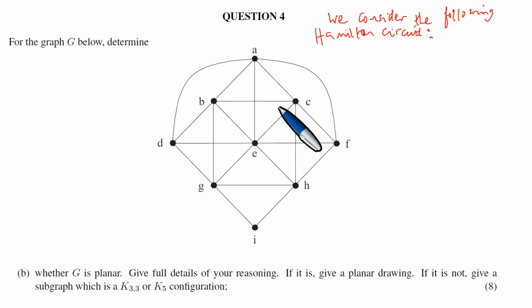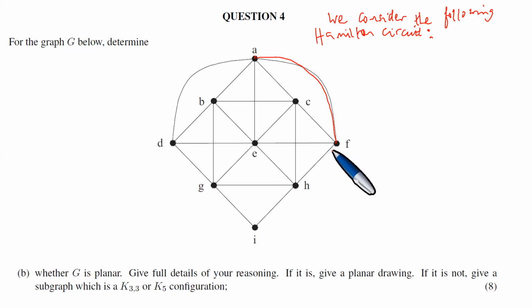Let's look at one Hamilton cycle. So we start from A, and then we go to F. Okay, this is through reasoning and trial and error. You need to look very carefully, because you don't need to repeat the edges here.